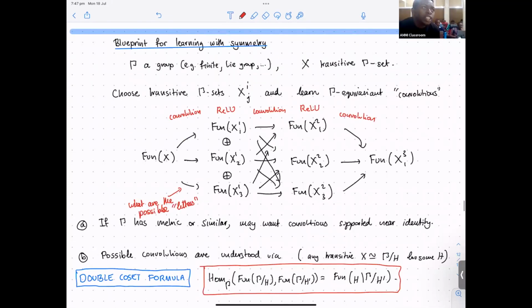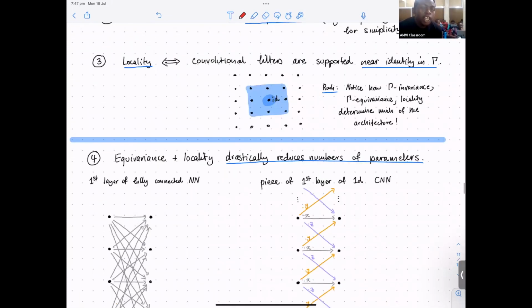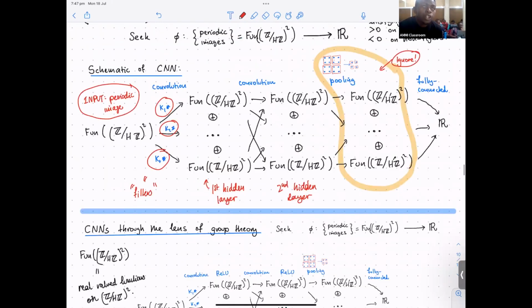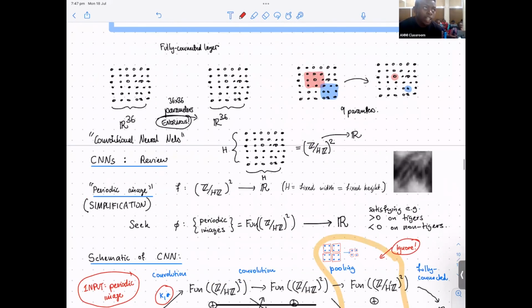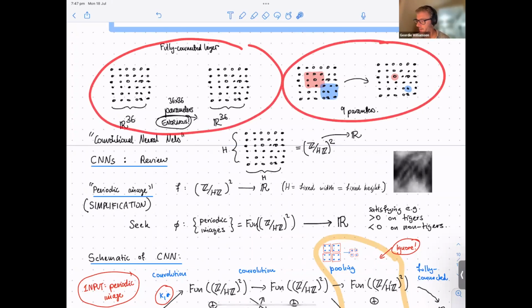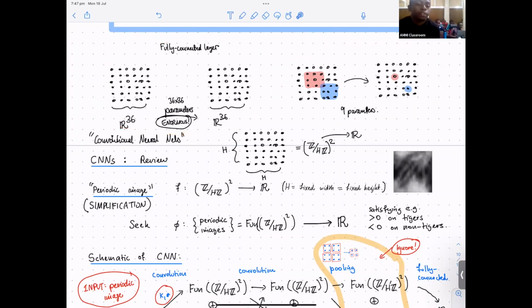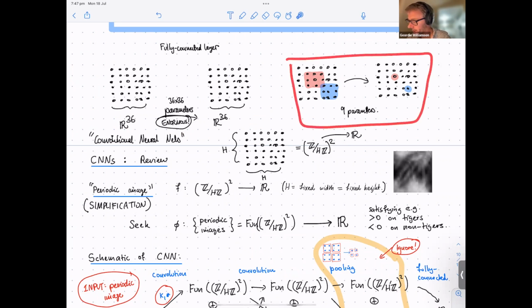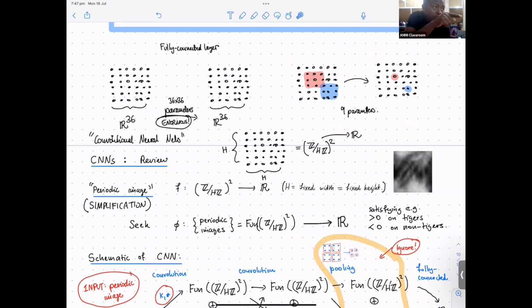There is a slide where we're explaining how the parameters change when you go from one layer to the next. This one? Above, yes, here. What would you like me to explain here? This graph which is below. Okay, this schema of a CNN.